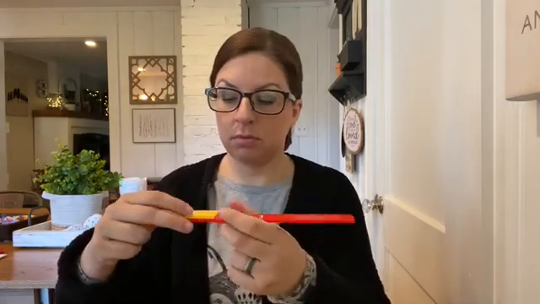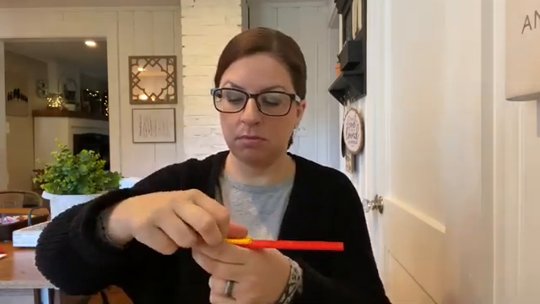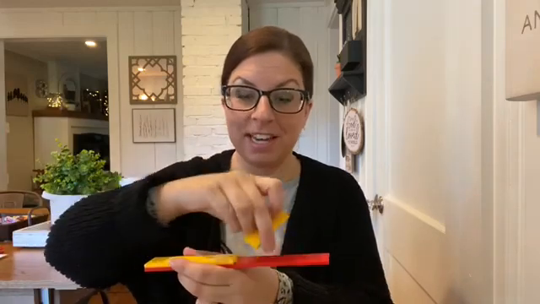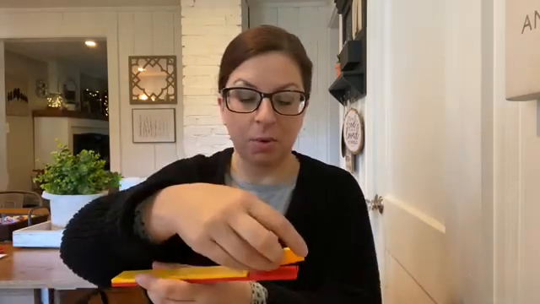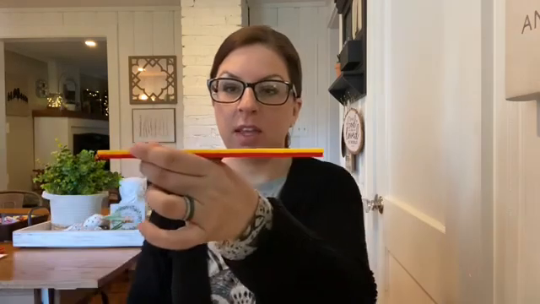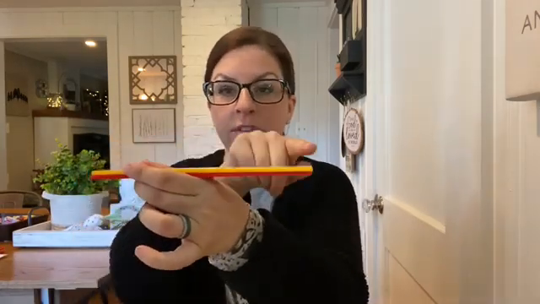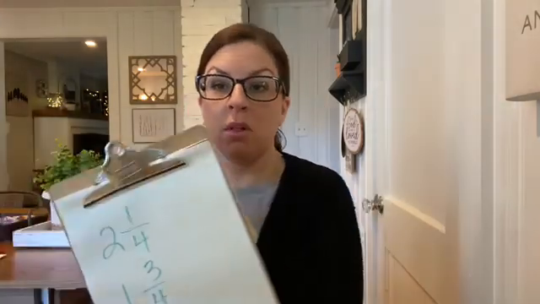How many fourths are in 1 whole? Well, we know by the denominator, because that tells you how many pieces it's broken into. So 4/4 makes 1 whole. So if I'm going to borrow from the whole, I'm going to give it to this one. I'm going to give it 4/4.